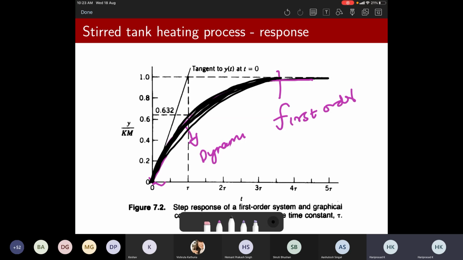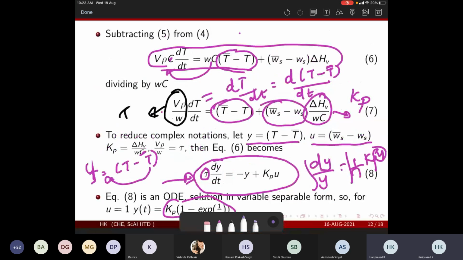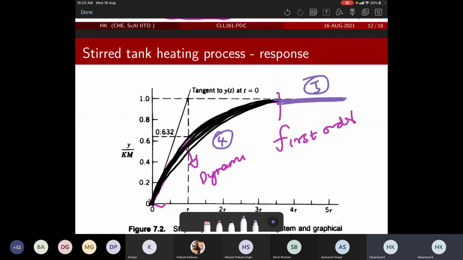So once it reaches saturation, it has become a flat line. Correct? So in this part, your equation 4 would take prominence. In this part, your equation 5 takes prominence. So eventually, you need to have both things in hand to characterize this. Is this clear to all of you?